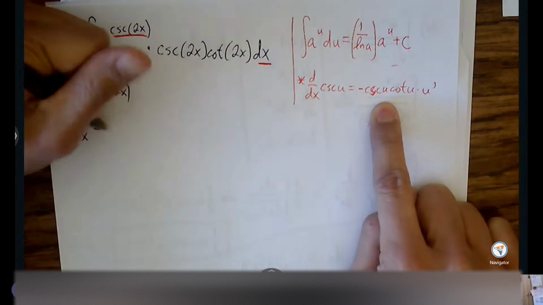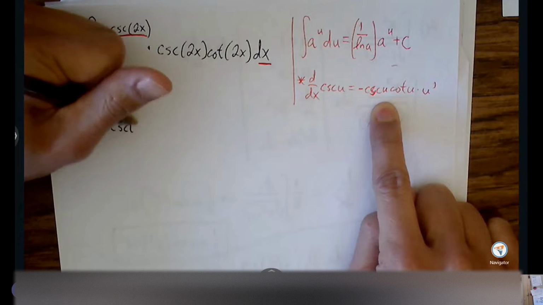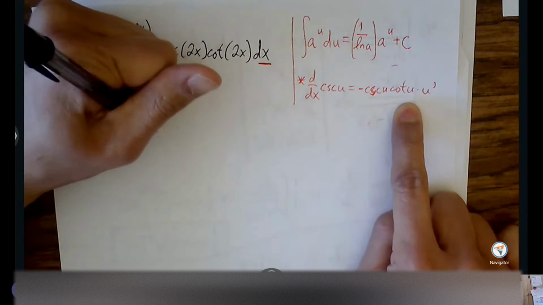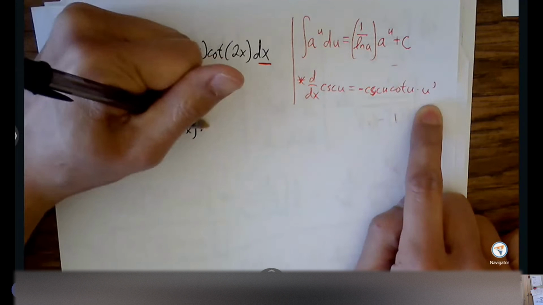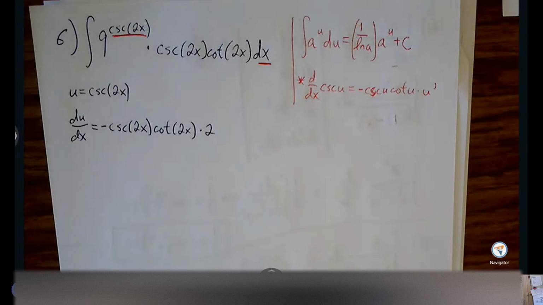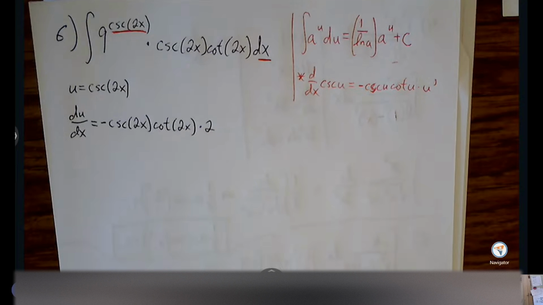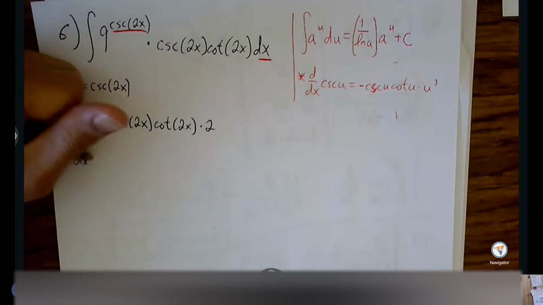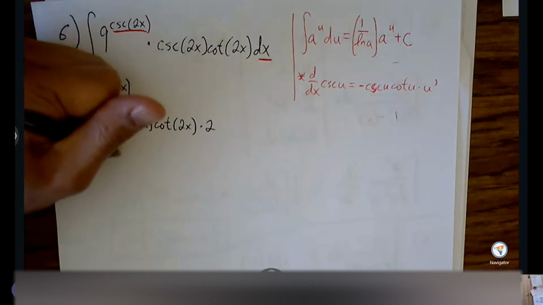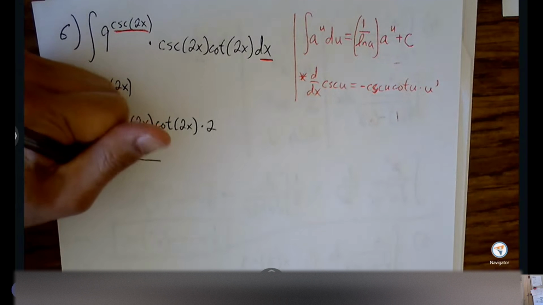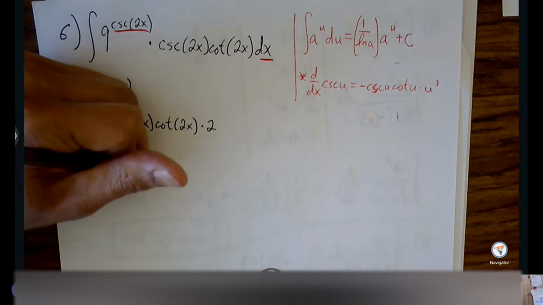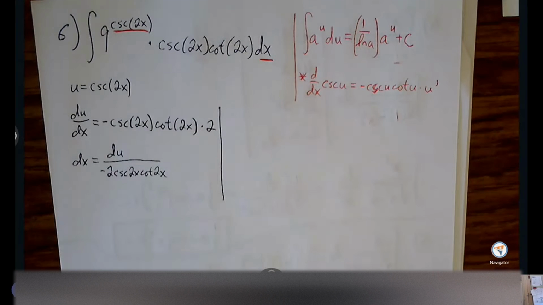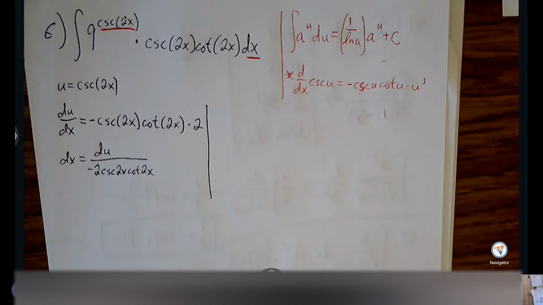So negative cosecant 2x cotangent 2x times U prime, so times 2. Cross multiply, solve for dx. Make my substitutions.